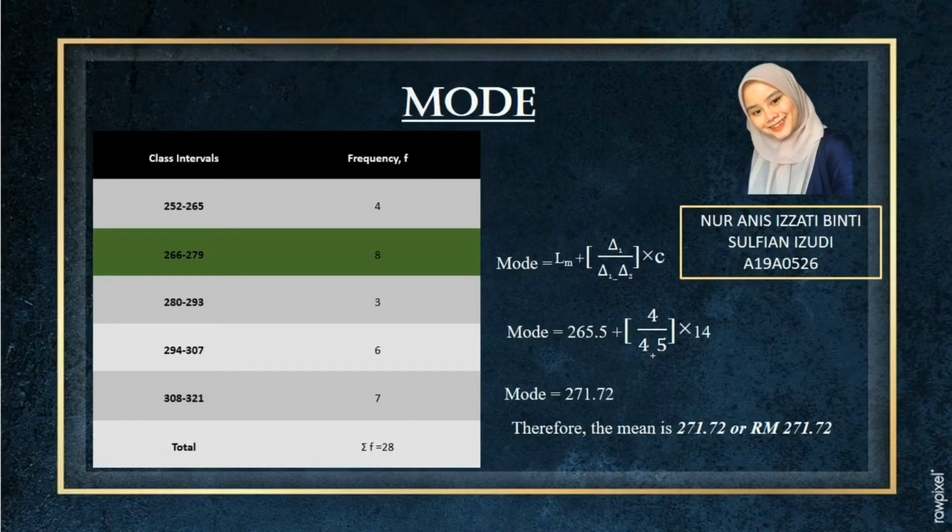The formula of mode is Lm plus bracket change 1 divided by change 1 plus change 2 bracket, multiply C. I get the Lm is 285.5 plus bracket, change 1 I got 4, divided by 4 plus change 2 I got 5, bracket, multiply 14. The total mode is 271.72.